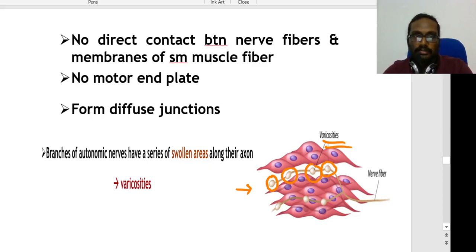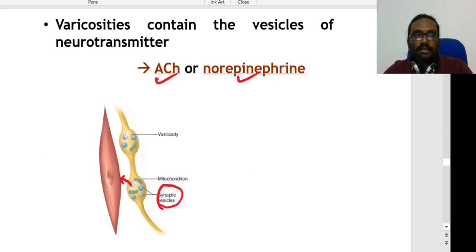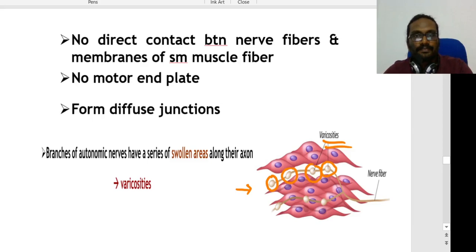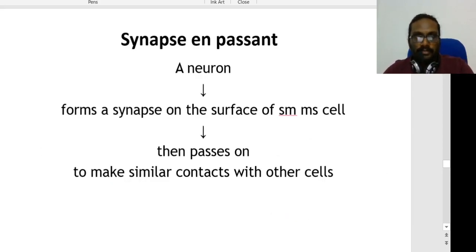So the varicosities are basically releasing their neurotransmitter, and such an arrangement is called synapse en passant. If you hear this word anywhere, don't get confused, there is no need to be scared. If someone asks about synapse en passant, it means this passing on of a single axon with varicosities.